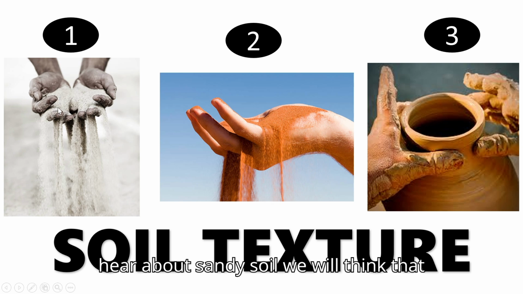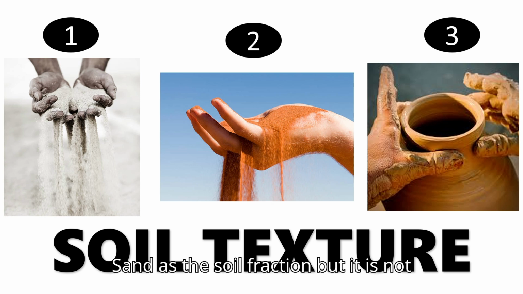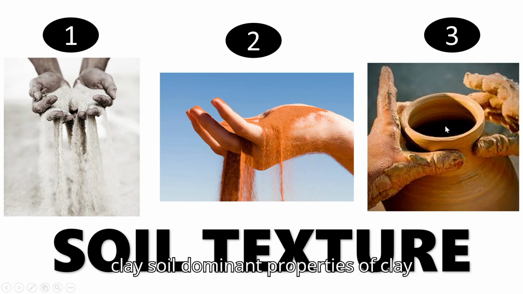When we hear sandy soil, we think it only contains the sand fraction, but that is not correct. It contains all three fractions, but their amounts will be different. More than the amount, the dominant property will be different. In sandy soil, the dominant property is of the sand fraction, and in clay soil, the dominant property is of the clay fraction.